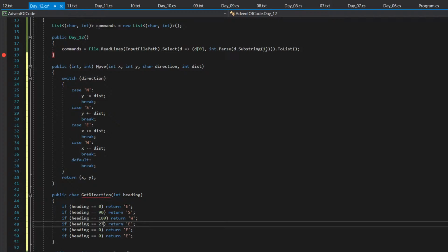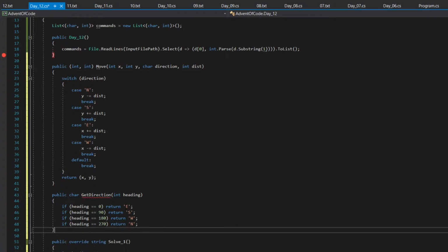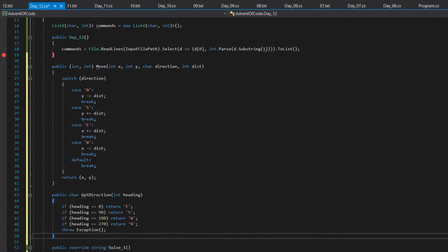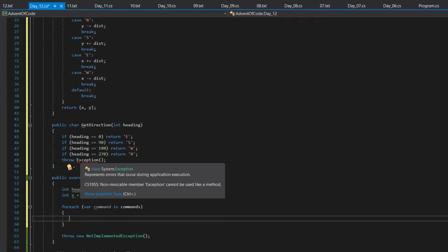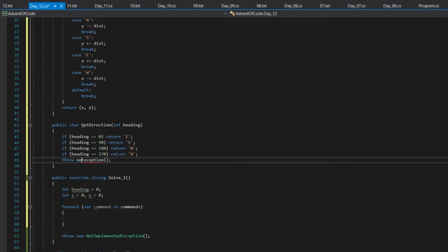And 270, we are going north. Otherwise, throw an exception. New exception.